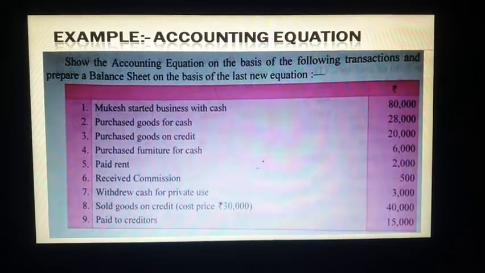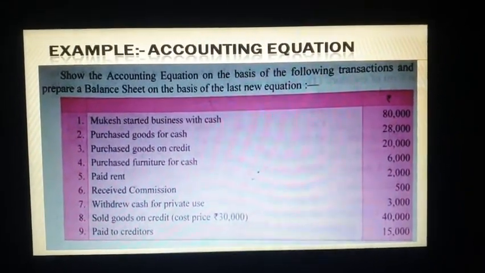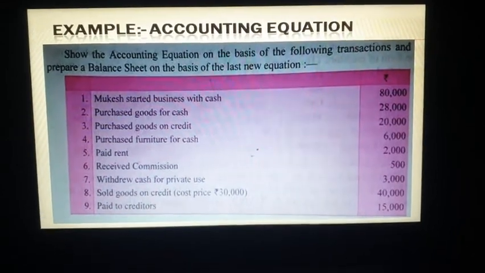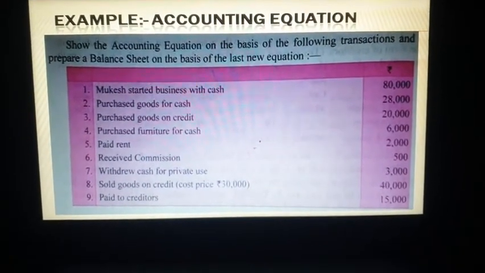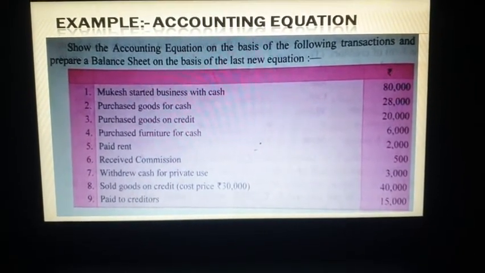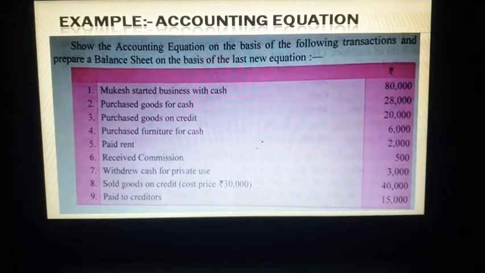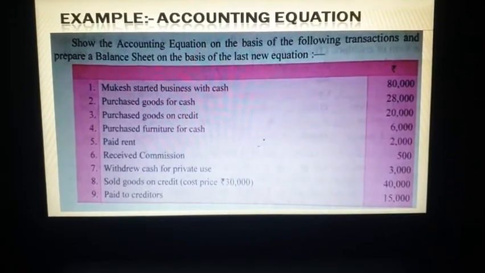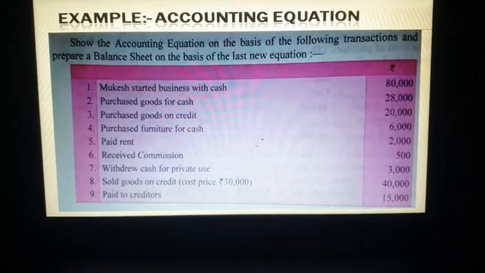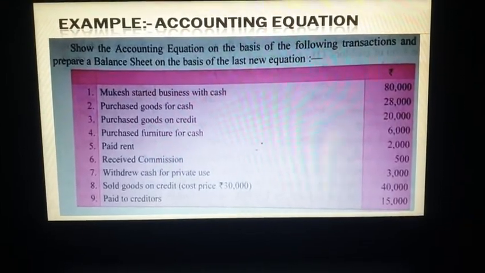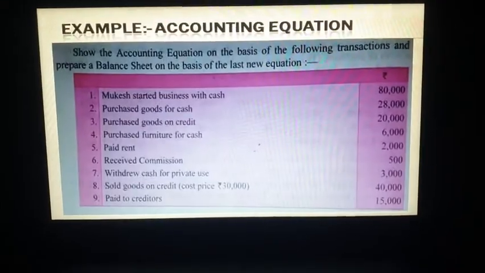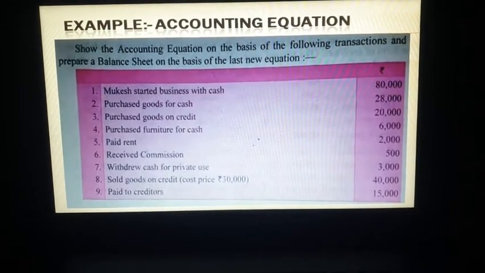Now point number 7, withdrew cash for private use. I told you earlier in the accounting terminology chapter that private use means drawing, and drawing is done by the owner for his or her personal use or private use. So in this point number 7, there are two effects on the accounting equation.